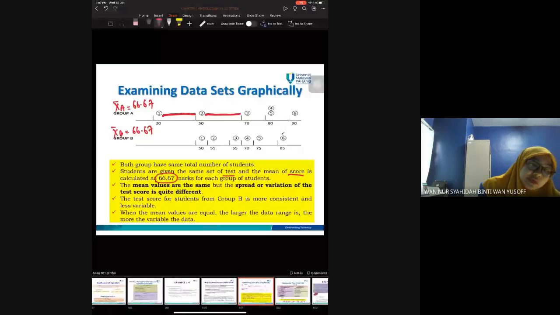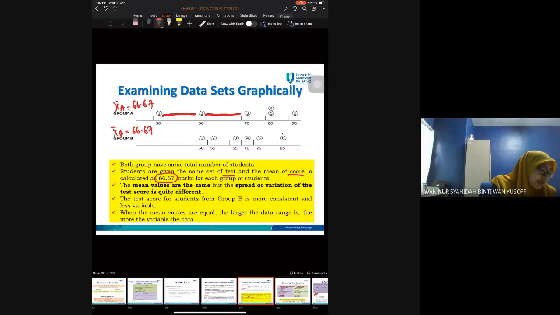Okay, so to confirm that, you have to calculate a value related to the variability. So we go to the simple one, which is range. So range of the data A, it is 90 minus 30.